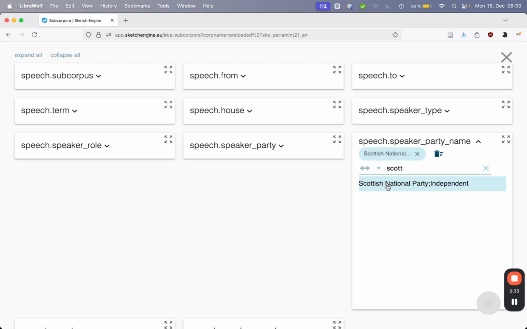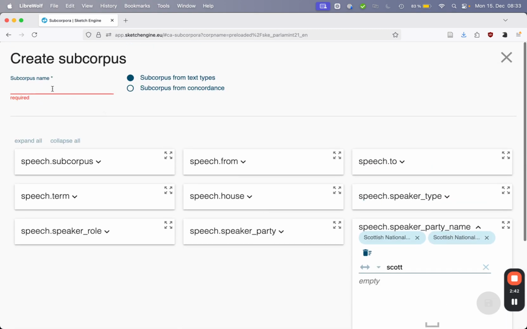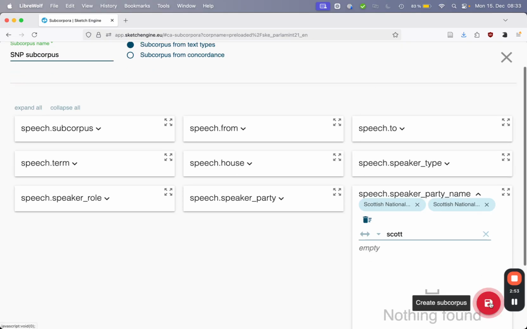And I'm also going to pick this one. This appears to be someone who was both an SNP member and also independent, but I'm going to pull those together. And then I need to give my subcorpus a name. I'm going to call it the SNP subcorpus. And then I click on Save.